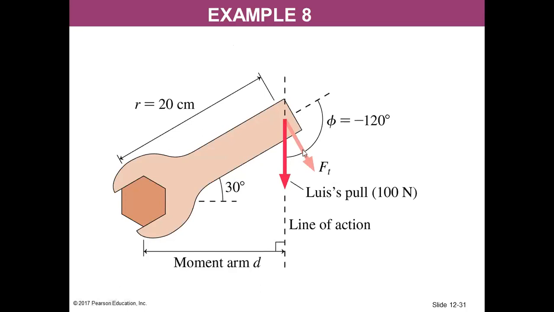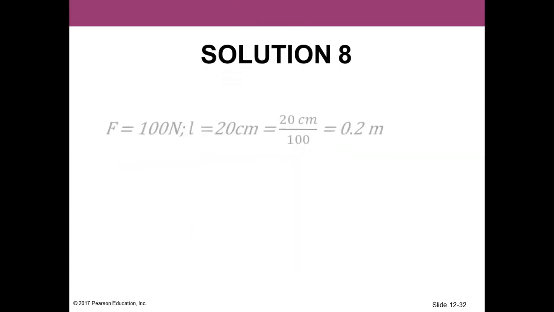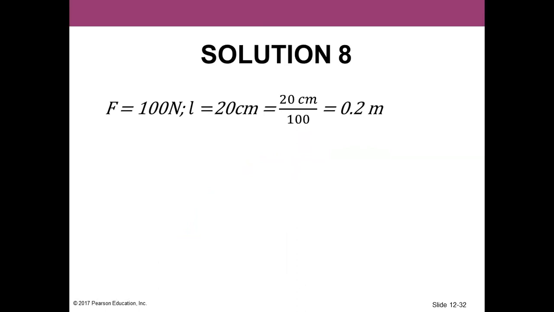Since this force is perpendicular to the surface, it's clear that this angle will be 30 degrees. So now this will be 100 cos of 30 degrees. Then you can calculate. The force is 100, the lever arm is 20 centimeters, so convert it into meters by dividing by 100, then you get 0.2 meters.